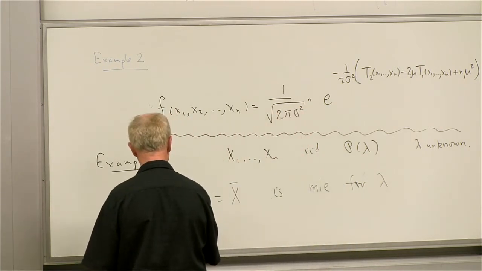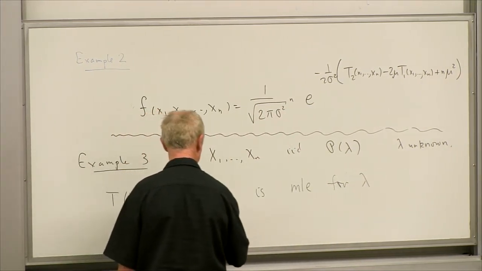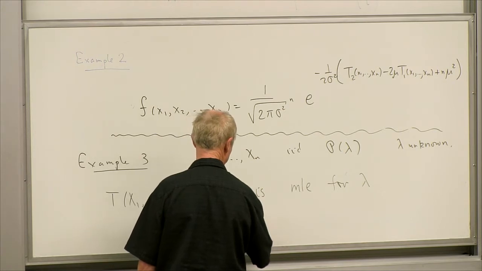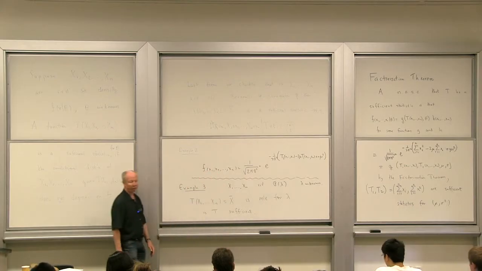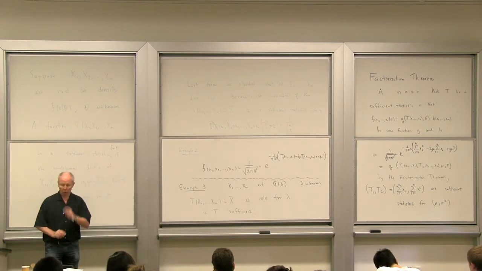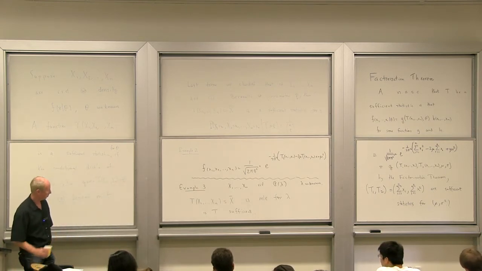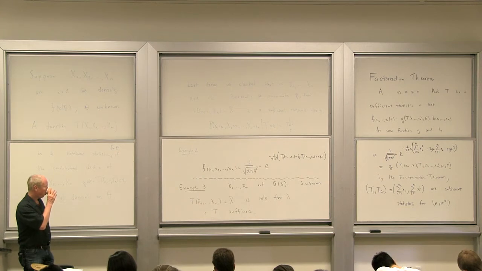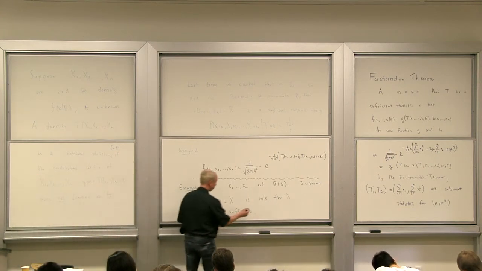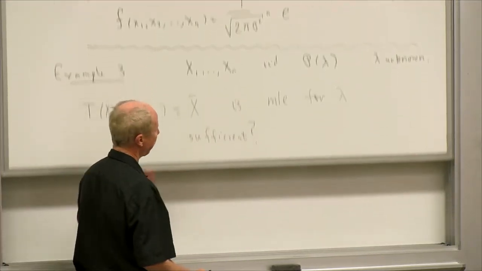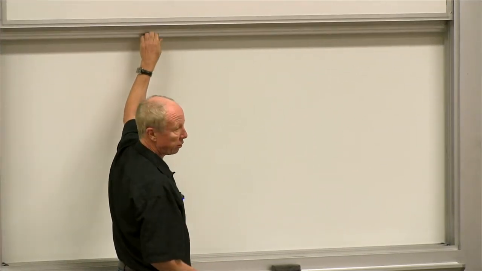Is it sufficient? In other words, is there any more information in the data that we can use to get a better approximation of lambda? Well, let's try to use the factorization theorem.